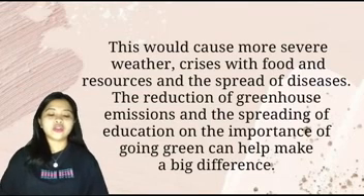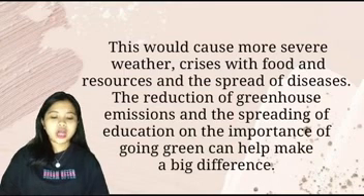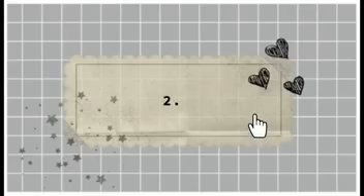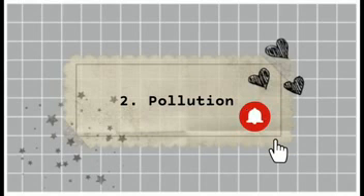The reduction of greenhouse emissions and the spreading of education on the importance of going green can help make a big difference. Lobbying governments and discussing policies to reduce carbon emissions and encouraging reforestation is an effective way of making progress with climate change.